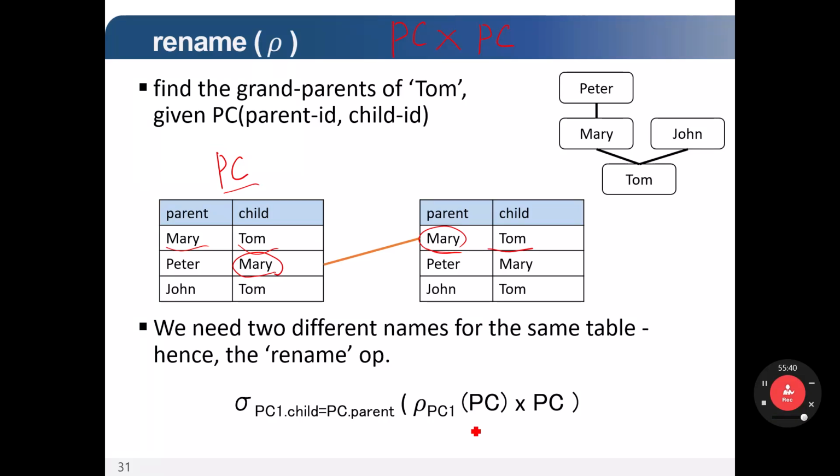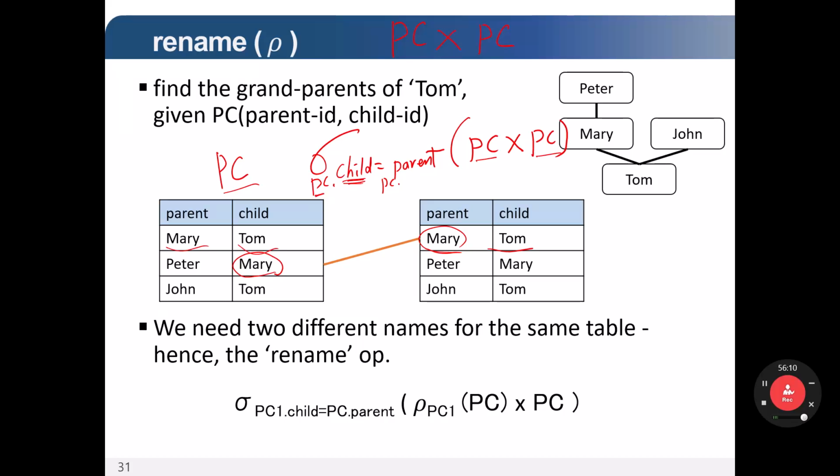Okay, so without this rename operator, the query will look like select child equal parent, PC Cartesian product PC. Then we will be confused. What is this child? Does this child refer to the child column of the left PC or the right PC? Even if you put the table name using this path expression, still you will be confused.